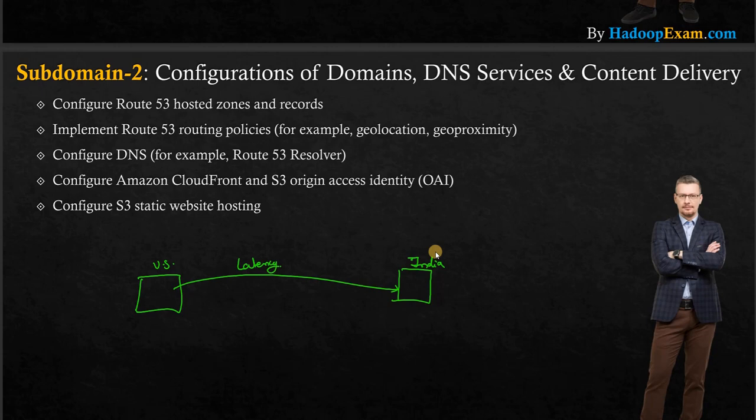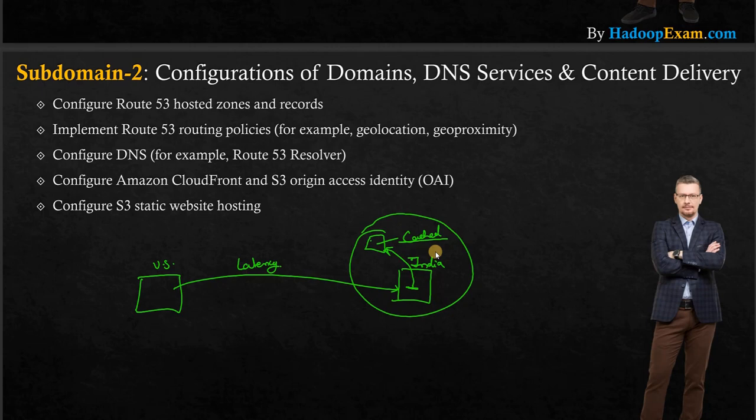So what you need to do is have a content delivery in place, and somewhere in India it should be cached. Then whenever somebody accesses it from India, it should be served from there, rather than going to the US and accessing it from there. That is not a good idea, correct? So you would be caching it locally, in some local area in India where it can be accessed.